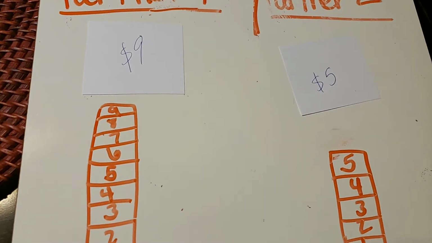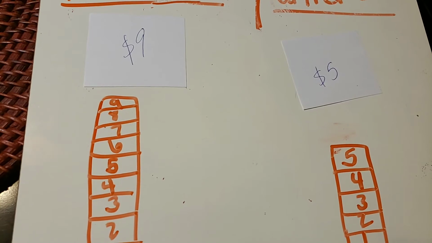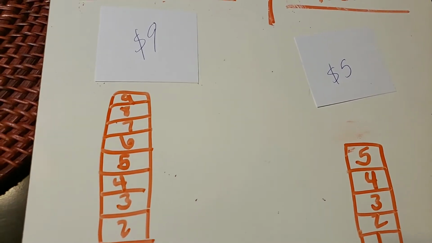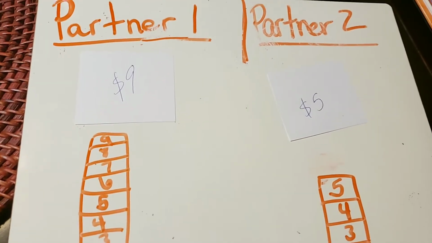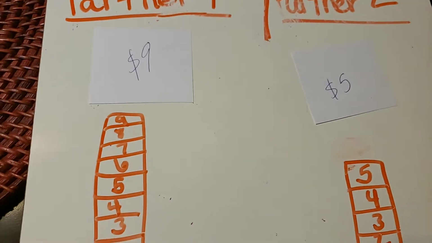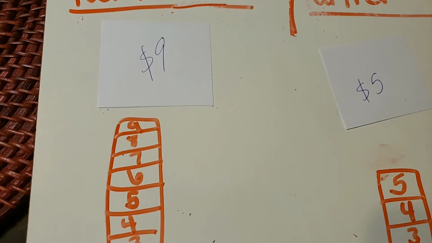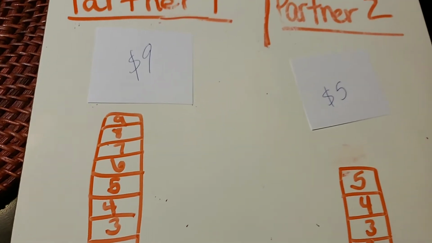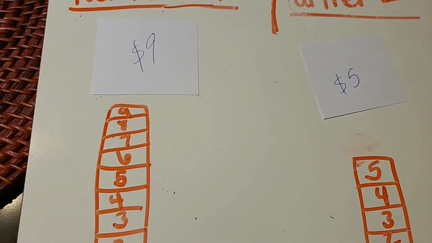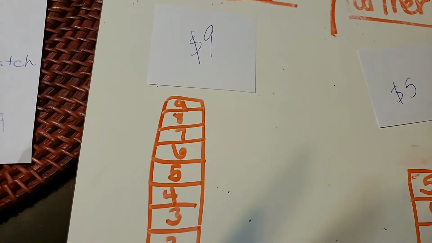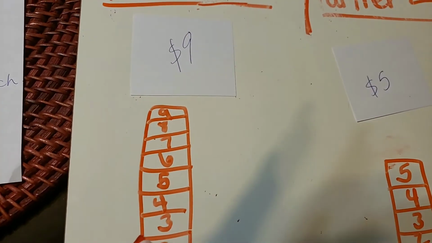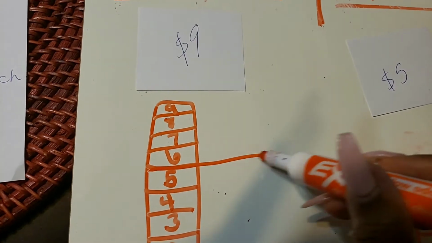Okay, so after you have turned and talked, what was a way that you can figure out how many fewer the partner has? If you said cut off the extras, you see right here we have 5.